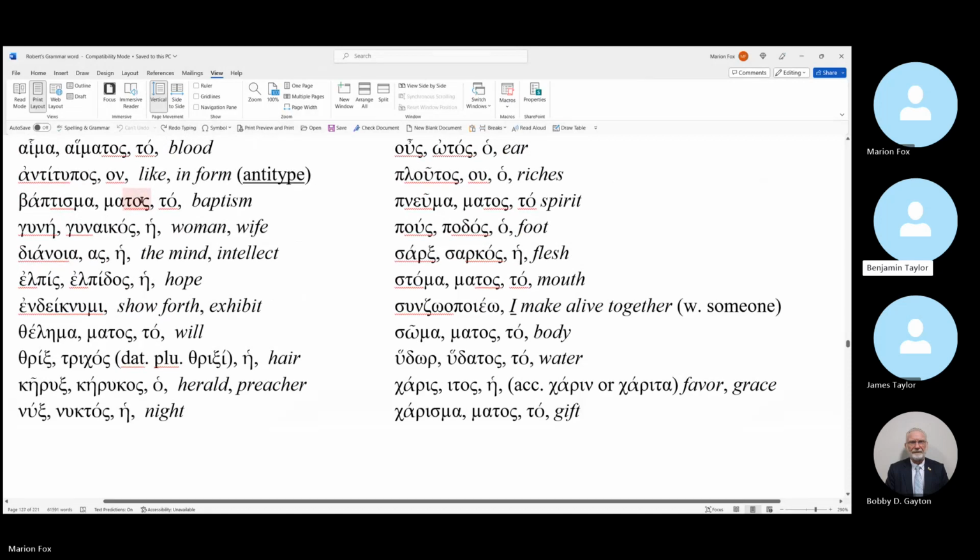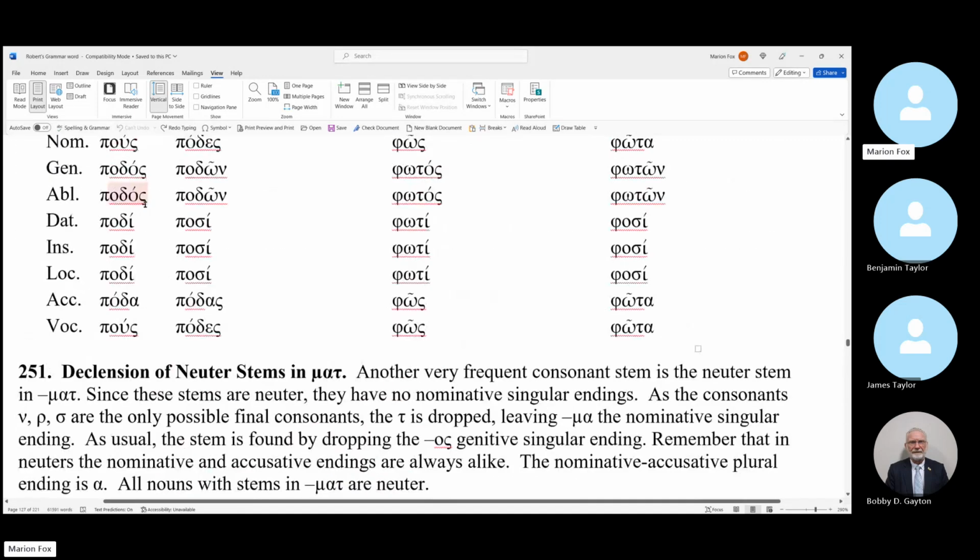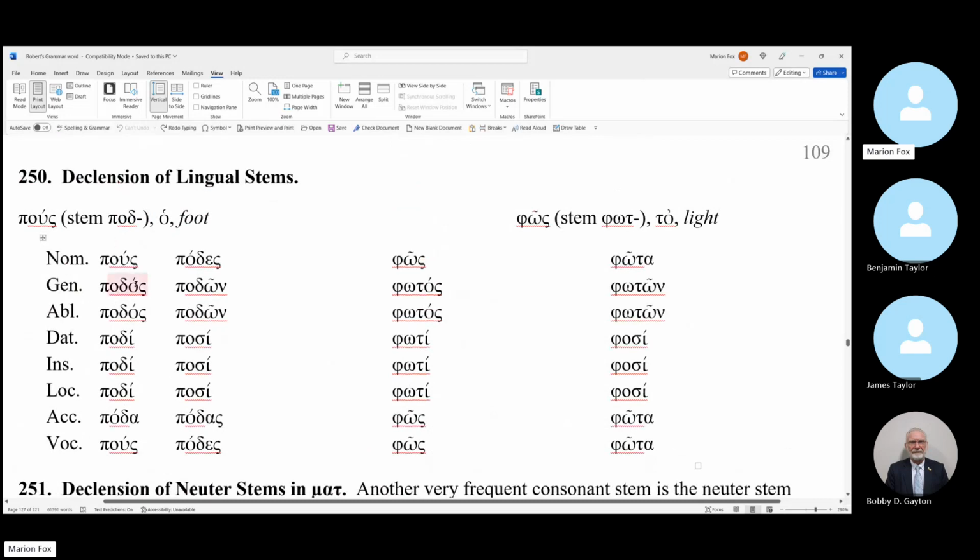Would you mind just one more time explaining how you got poos out of podus? I'm not sure. I think it would be back to some rules we had earlier. Let me see here. We're on page 127. Let's go back and see if we can find them.